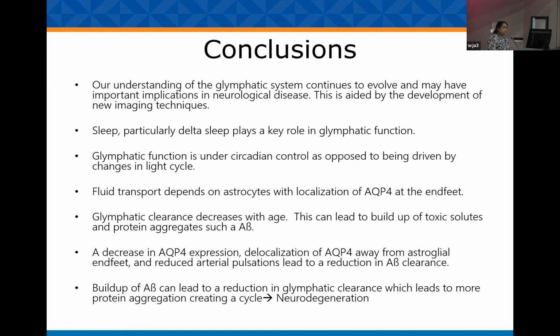Lymphatic clearance decreases with age. This can lead to buildup of toxic solutes and protein aggregates such as amyloid beta, and a decrease in aquaporin 4 expression, delocalization of aquaporin 4 away from astroglial end feet, and reduced arterial pulsations lead to a reduction in amyloid beta clearance. And this buildup of amyloid beta can lead to neurodegeneration.